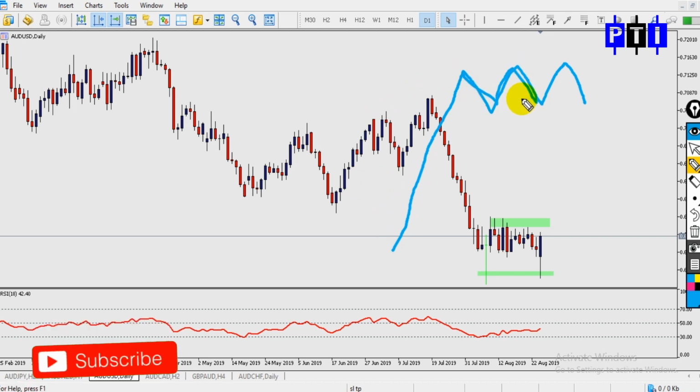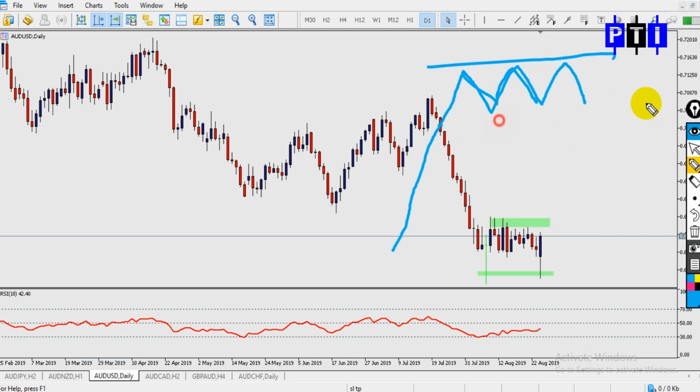You need to trust your sellers more than your buyers. Why? Because if you see a consolidation in the market, it means that there is negotiation taking place.